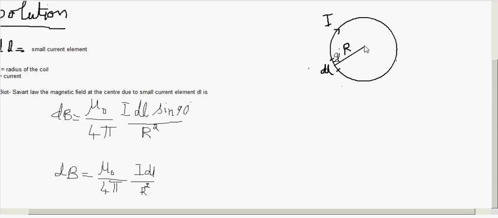Therefore the net magnetic field at the center: you can consider small current elements and add them together, or integrate over the circumference.